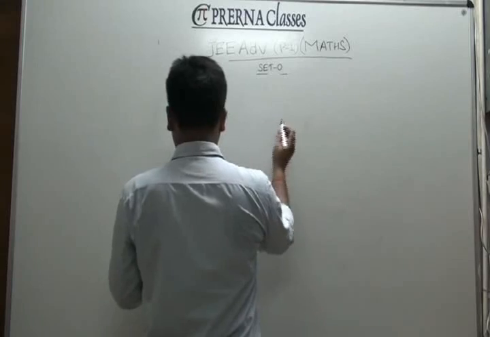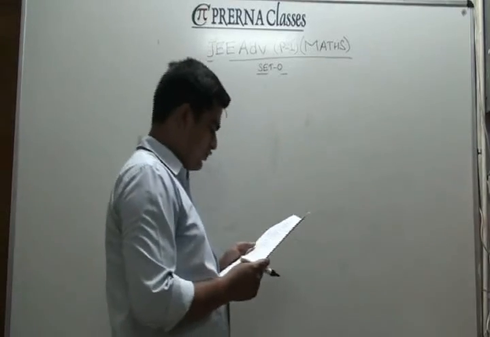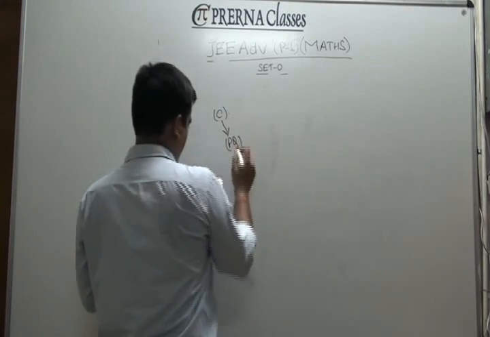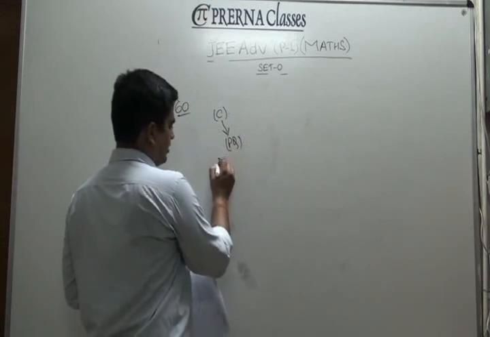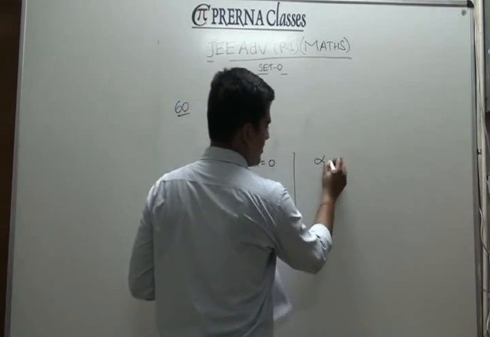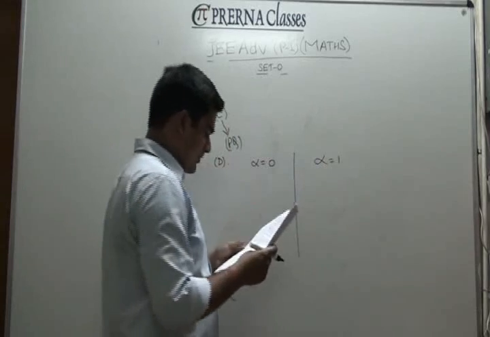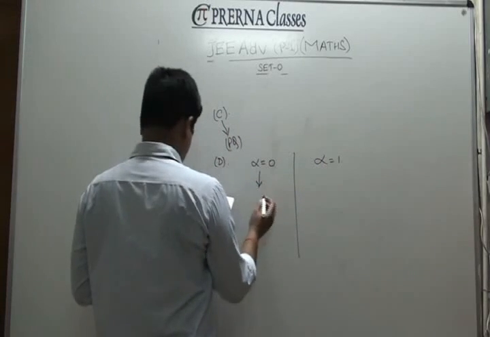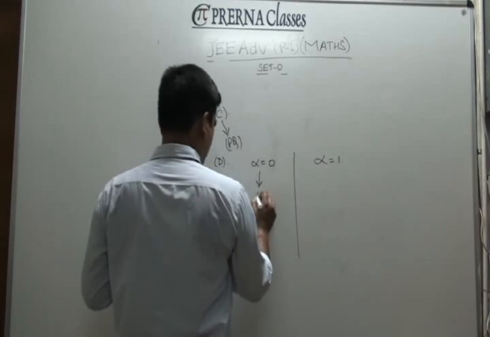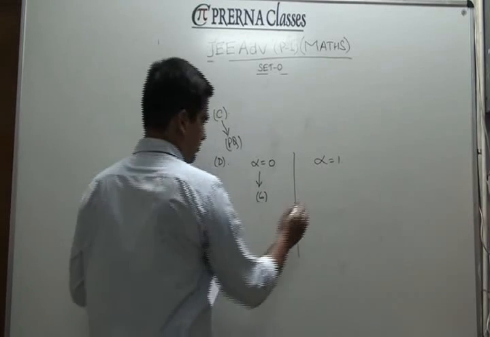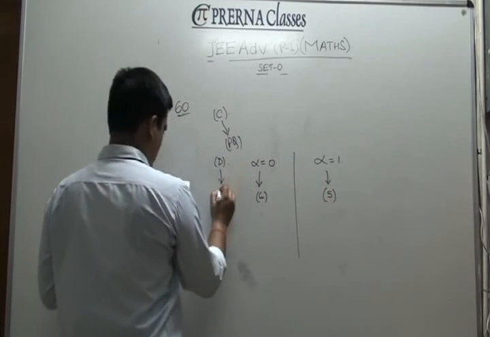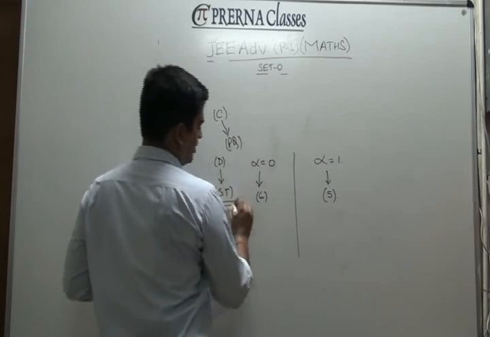And once you figure out the equation of straight lines as y equal to root 3x and y equal to 1 by root 3x, you'll find that the possible values of beta is going to relate with P and Q. In a similar way, in the option D, if you take alpha equal to 1 separately and alpha equal to 1 separately for that problem, you will find that this D is going to be related with this 0 is going to be related with 6, and alpha equal to 1 is going to correspond to 5. So this option D is going to match with ST in that problem.